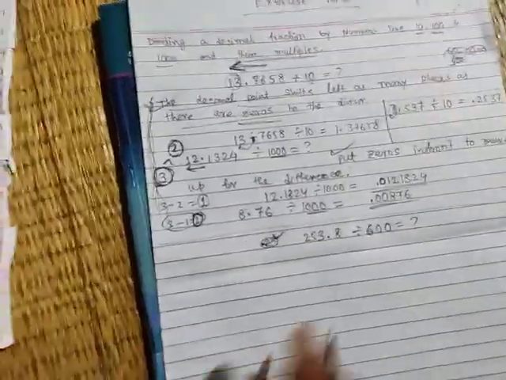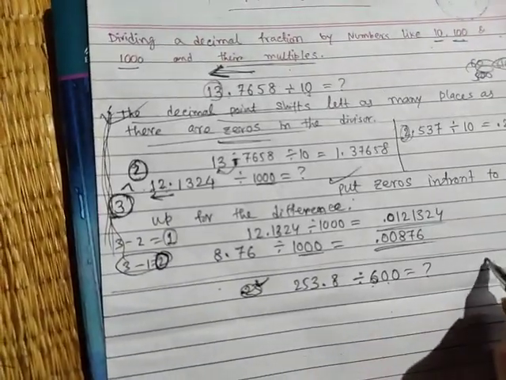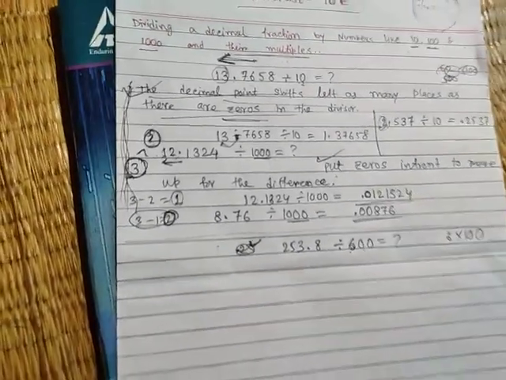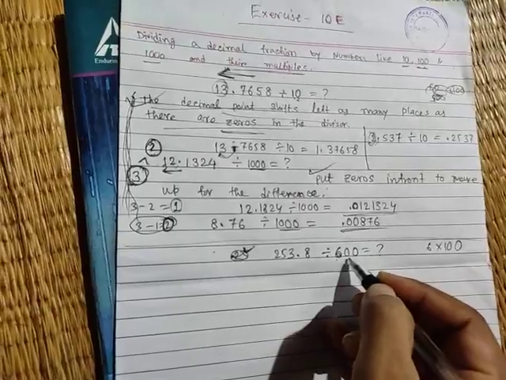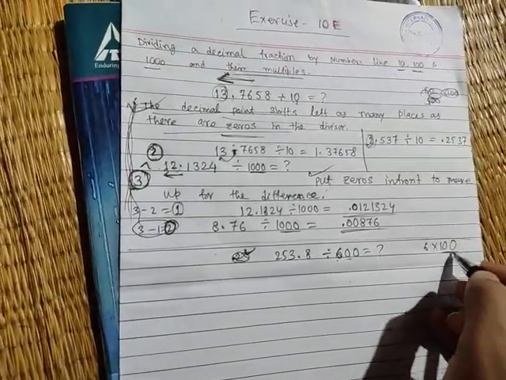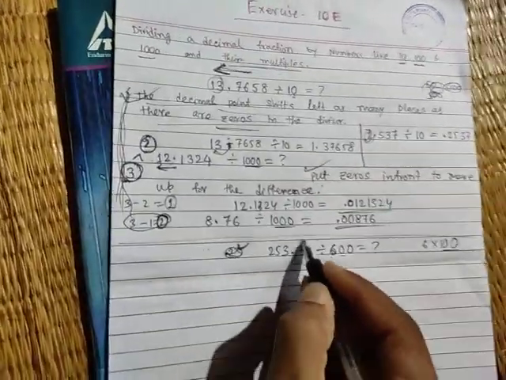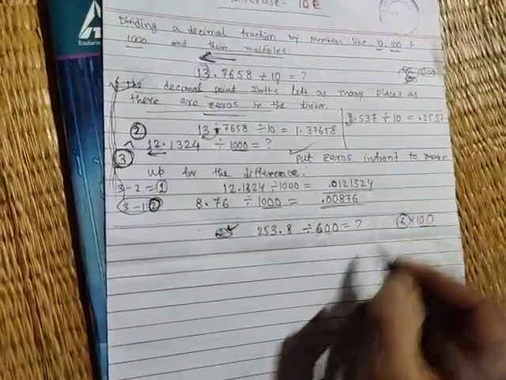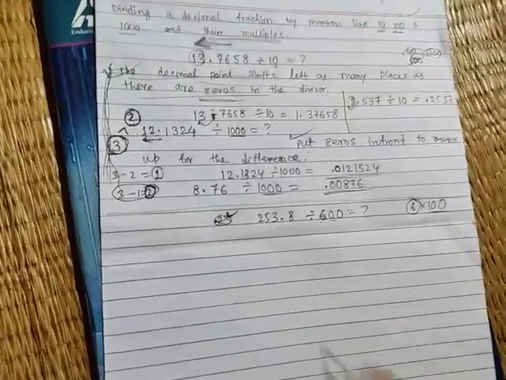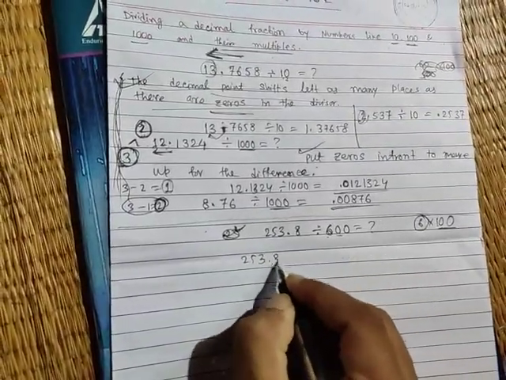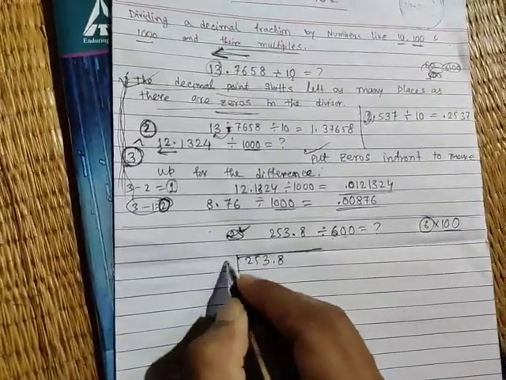I will make you understand. 600 means 6 into 100. That means first separate the zeros. Then divide that number with the multiple, that means 253.8 divided by 6.